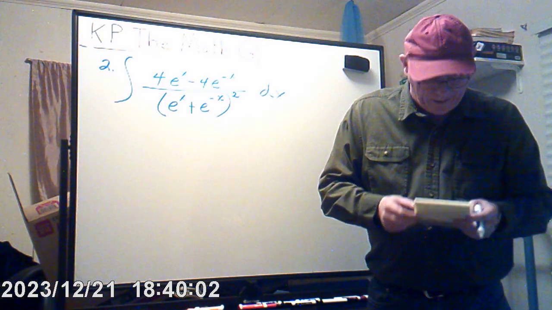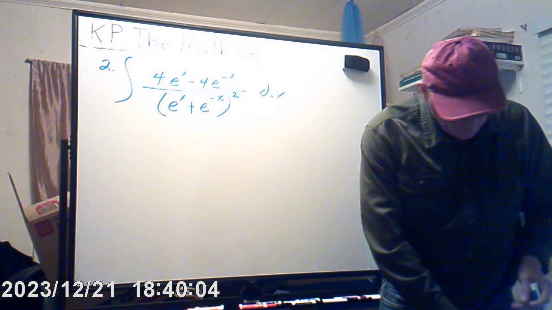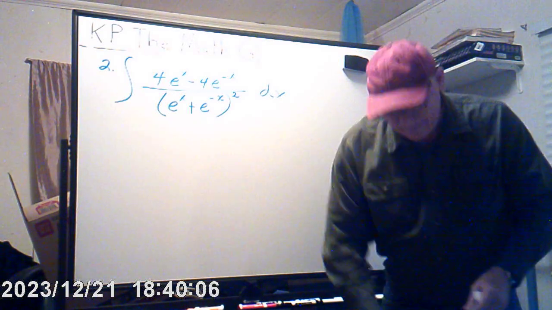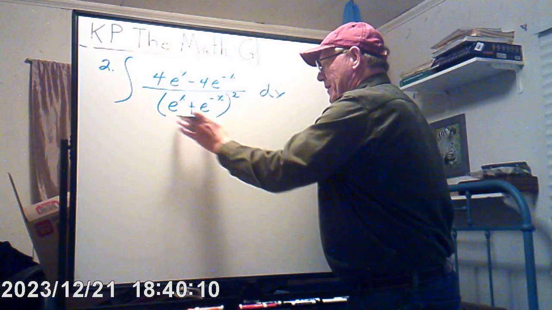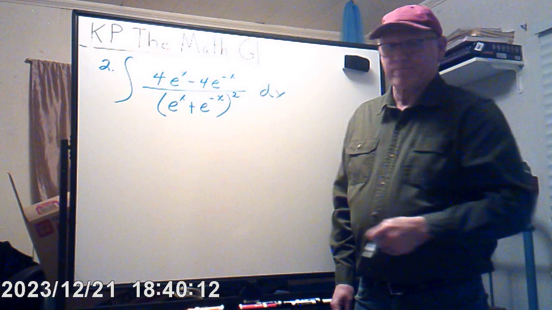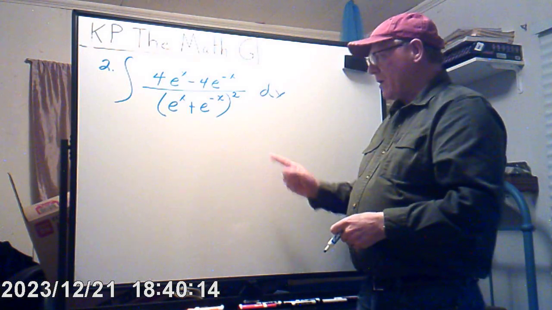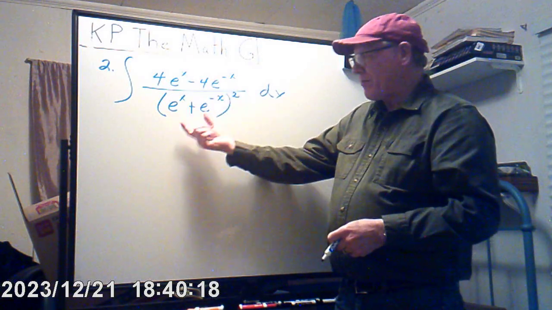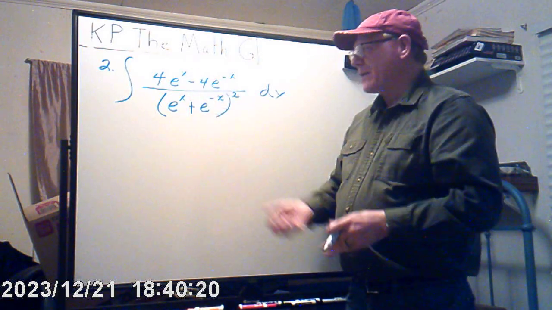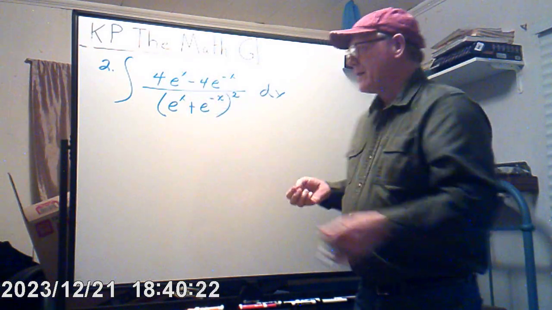Now, do not, I repeat, do not square this binomial here, because I'm going to let u be equal to whatever. Which one needs to be u?